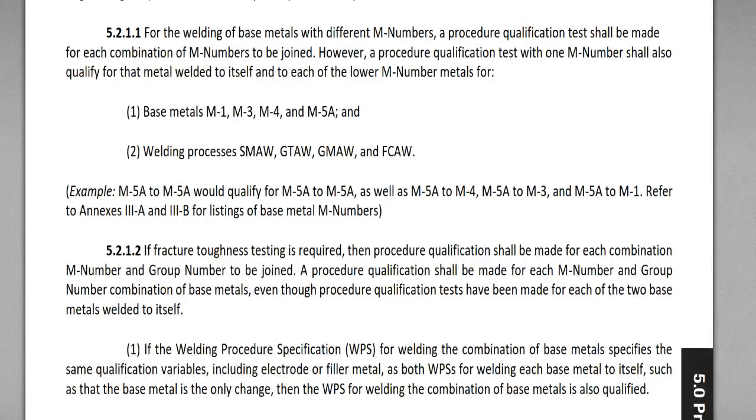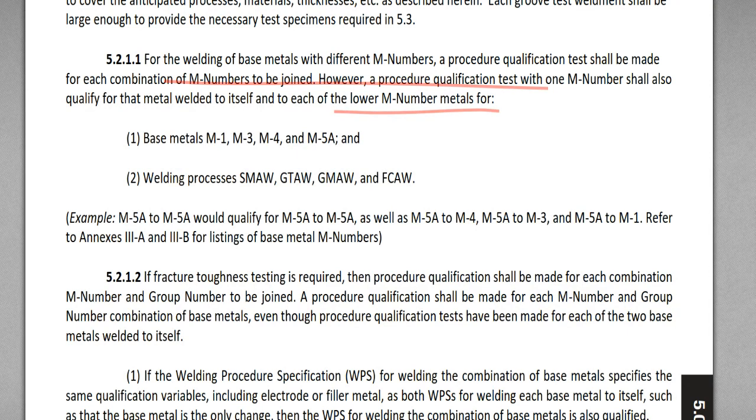The example says M5A to M5A would qualify, as well as M5A to M4, M5A to M3, and M5A to M1. So M5A is a higher M number, and it also qualifies lower M numbers like M4, 3, 1, but not vice versa. A lower M number doesn't qualify a higher M number.